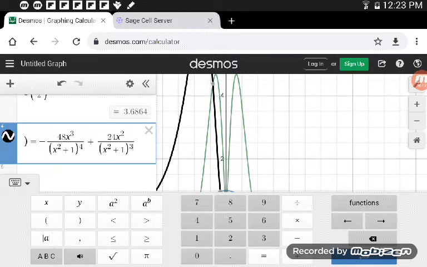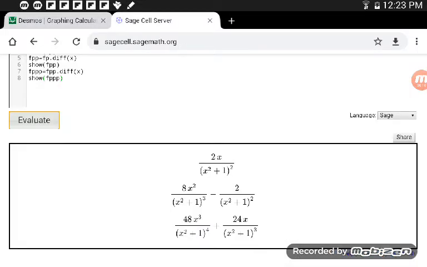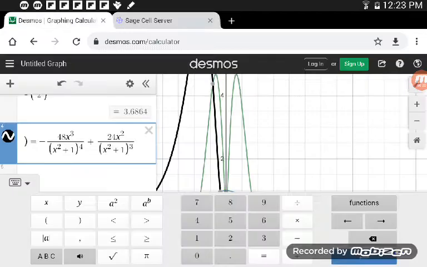Okay, well, so let's go back there. And, oh, just 24x. I had x squared. So, gotta get rid of that.